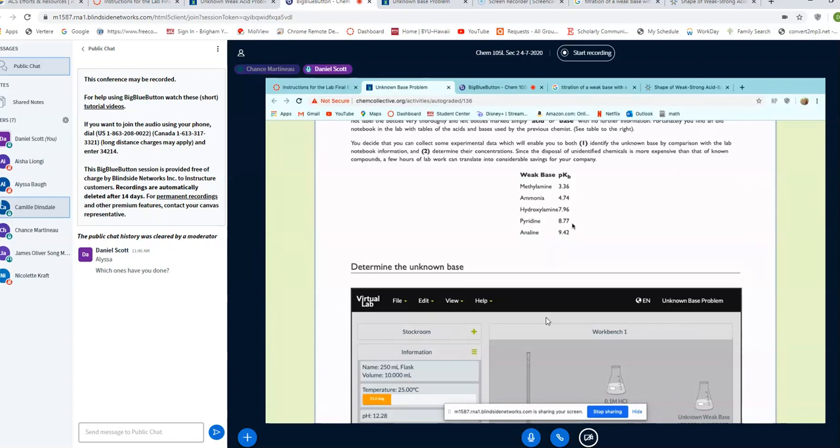Now the only difference there, Chance, is that for this one, we need to recognize that there's a relationship between the pKa and the pKb, and that in the weak acid one, we titrate to the pKa's and record those volumes when we get to those pKa's.